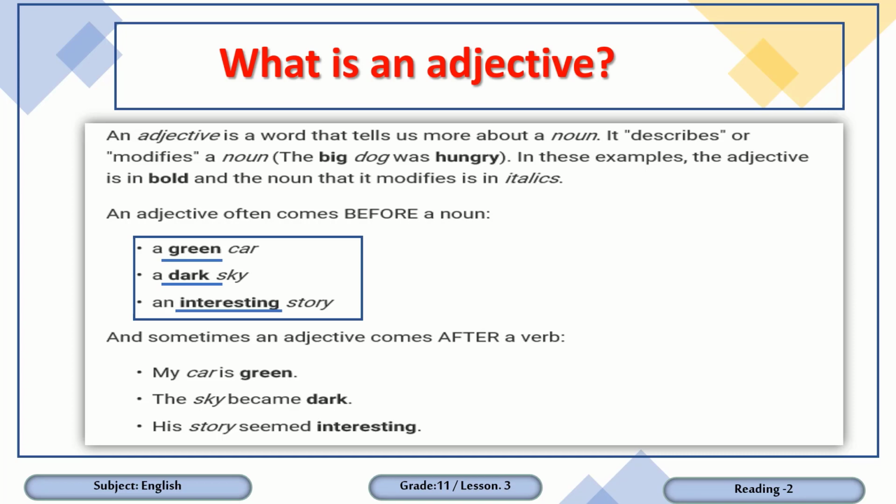And sometimes the adjective comes after a verb, as in these examples. My car is green. So here green, the adjective, comes after is. The sky became dark. Here dark came after became. And here the story seemed interesting. So interesting came after seemed. Okay.